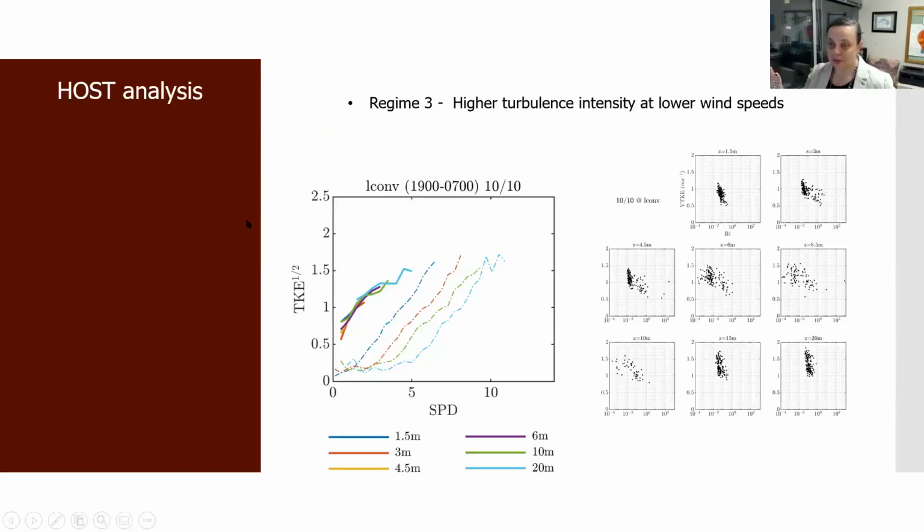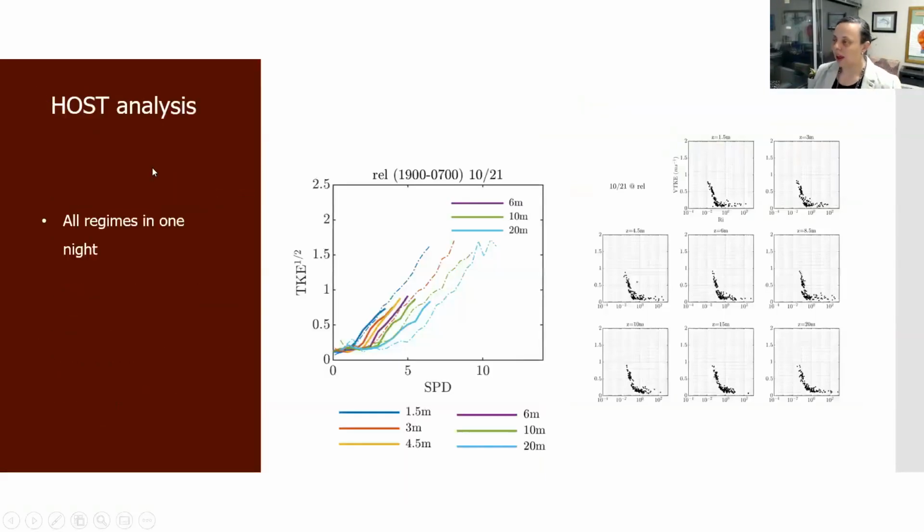So we have examples of long periods of time staying within all 3 regimes. And we have other nights that have the full-on hockey stick, where we will be able to identify this threshold wind speed, all of the regimes in one night. So you see that there.